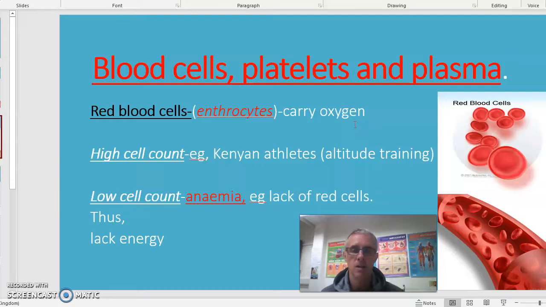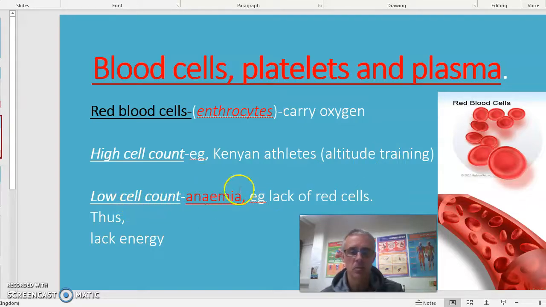So we know that red blood cells carry oxygen. I'd also like you to be aware of Kenyan athletes who have a very high red blood cell count, and that's to do with their altitude training. If you have a low red blood cell count, this is called anemia.